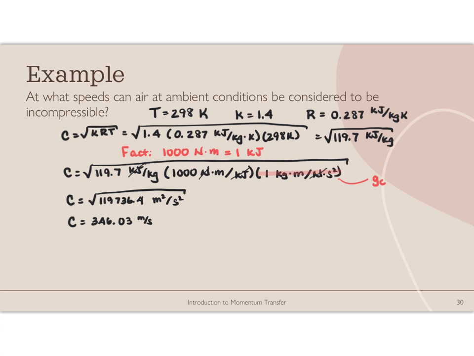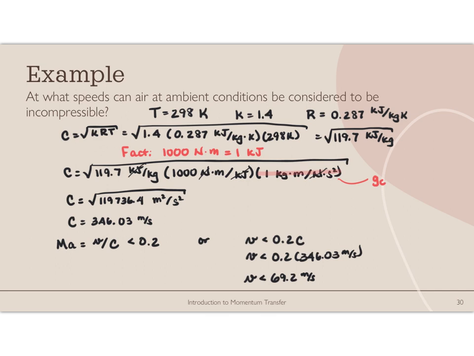And we want, therefore, for this to be incompressible, the Mach number to be less than 0.2. I can rearrange this based on the definition of Mach number as V over C. So V needs to be less than 0.2 C, where C is 346 meters per second. And so we find that V needs to be less than 69.2 meters per second.